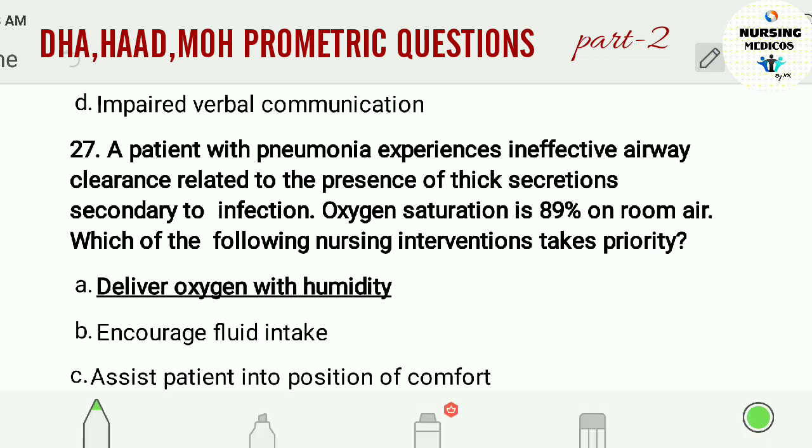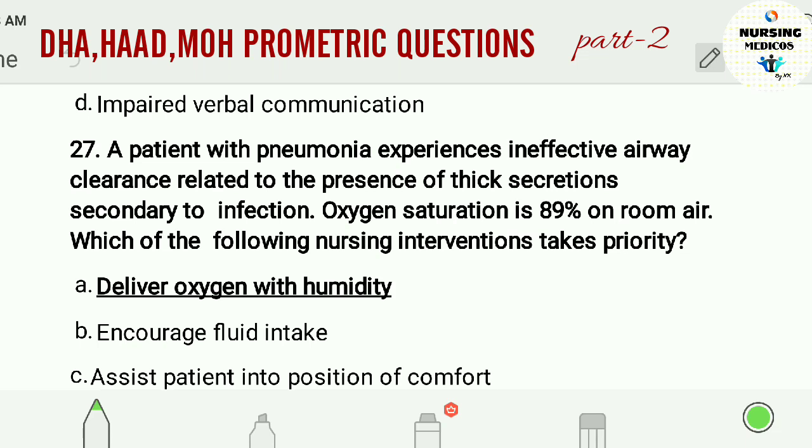Then question number 27. A patient with pneumonia has ineffective airway clearance related to the presence of thick secretions secondary to the infection. The patient's oxygen saturation is 89% on room air.